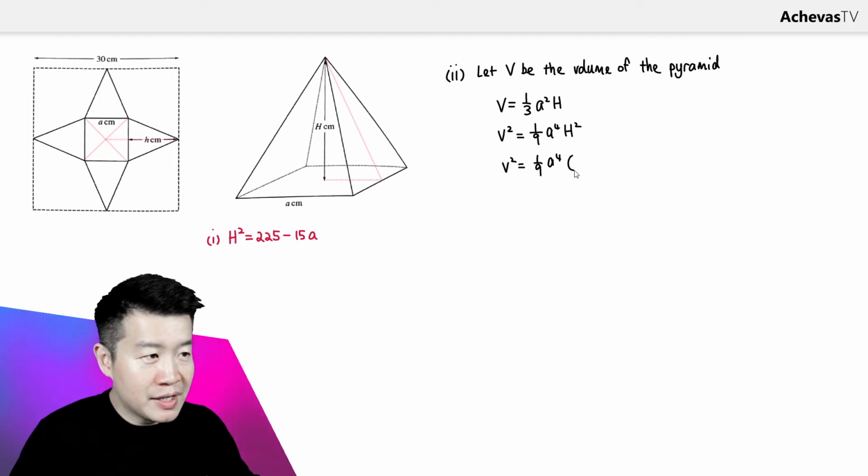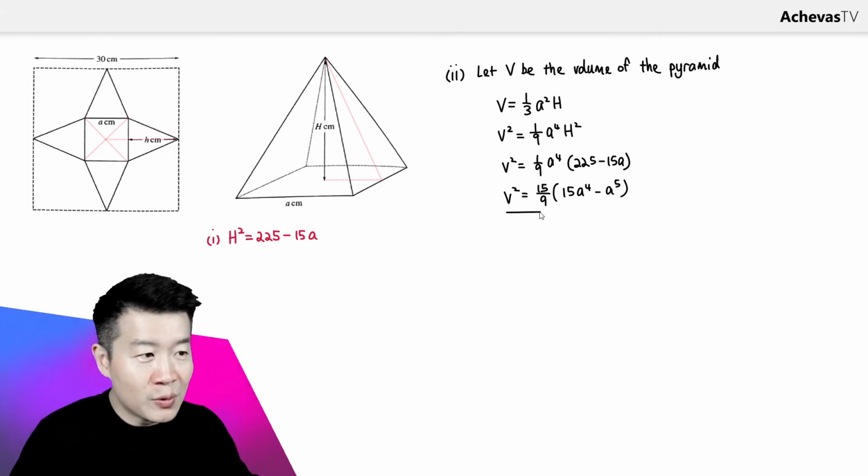So it can be replaced by 225 minus 15A, and V squared can be expressed as, if I factorize out 15, 15 over 9 times, multiplying A to the power of 4 in, 15A to the power of 4 minus, since we have already factorized out 15, just A to the power of 5.